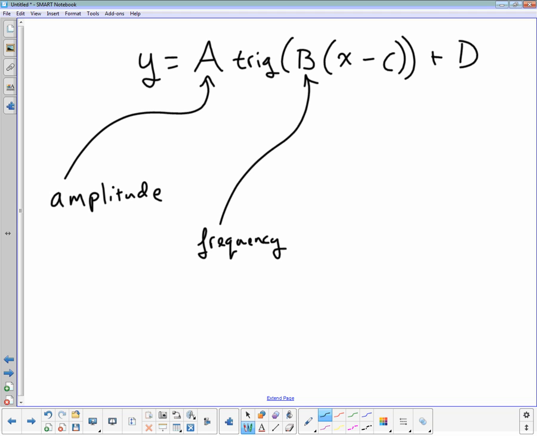The period is the width of a wave. To find the period, to find the width of a wave, you take that b, whatever that b is, and you divide 2 pi by it.